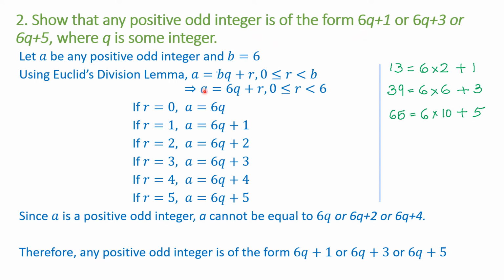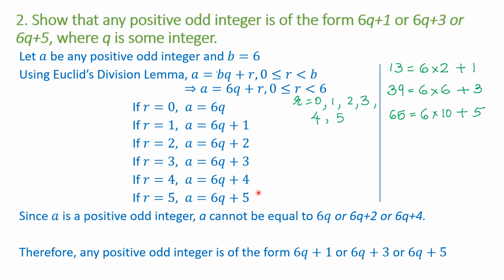Then using Euclid's division lemma, a is equal to bq plus r, where 0 is less than or equal to r is less than b. And here, because b is equal to 6, 0 is less than or equal to r is less than 6, which implies r is equal to 0, 1, 2, 3, 4 or 5. So we get all these values up to r is equal to 5.